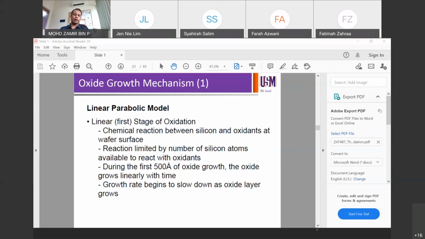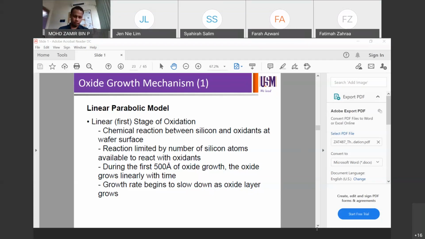Okay, so 111 has higher number of silicon atoms, it's more packed, therefore the rate will be higher for 111 in comparison to 100. So yeah, this is how you design the oxidation thickness and stuff like that. So you can actually design that by using different wafers of different crystal orientation.